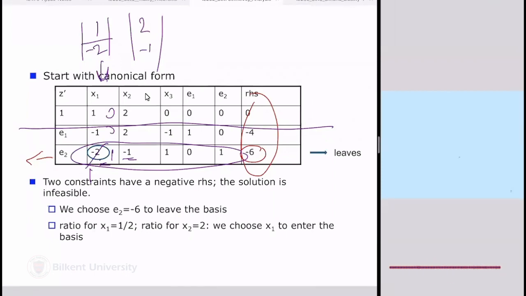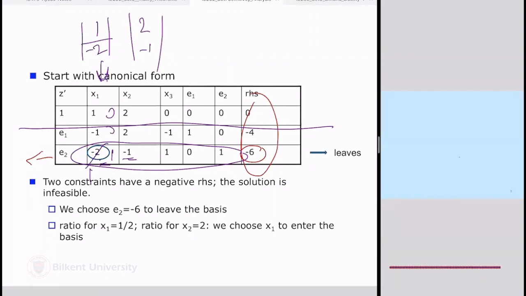I don't want it in my basis, right? So I want to kick that guy out of the basis. So now I'm thinking, which variable should I use to kick that guy out of the basis and maintain non-negative entries in my row 0? All the ratio test this time is to maintain row 0 non-negative.